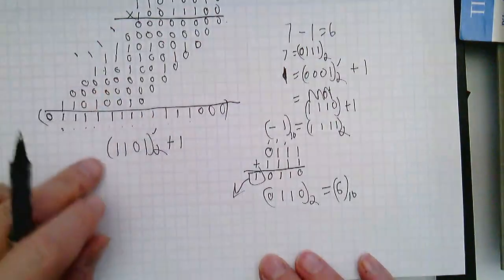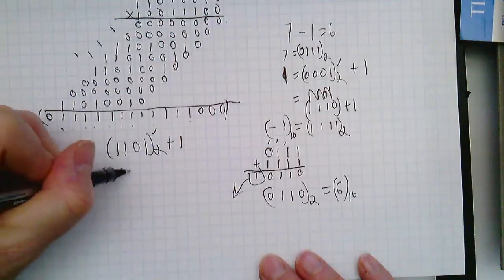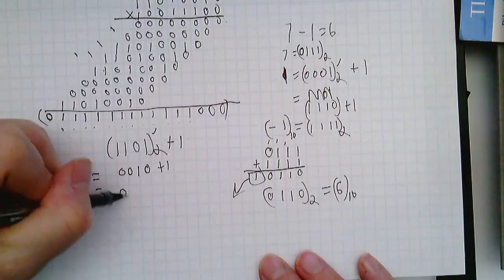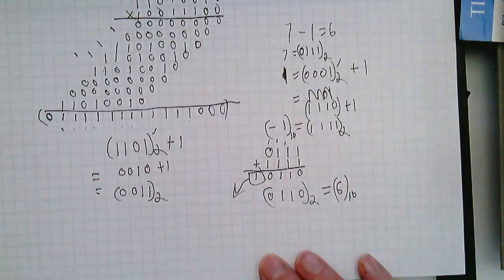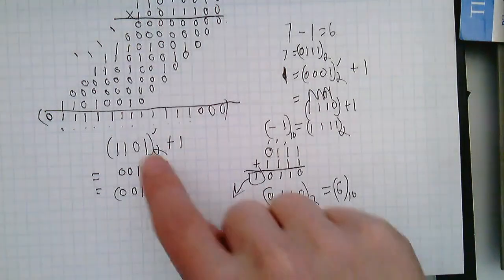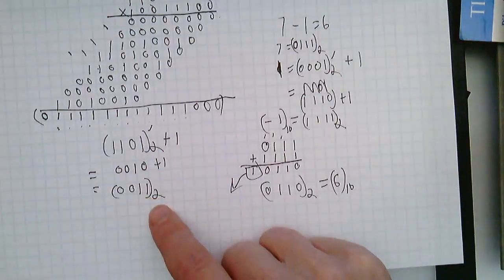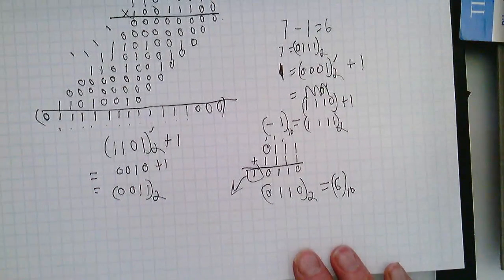I complement and then increment. And so now I get 0010 plus 1, which is equal to 0011, and that is base 2. And it is the number 3. So this number is the 2's complement representation of minus 3. And that is because the 2's complement of this negative number is 3. How's that grab you? Anybody got any questions about that one?